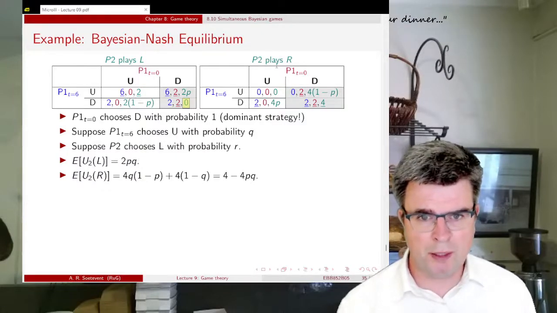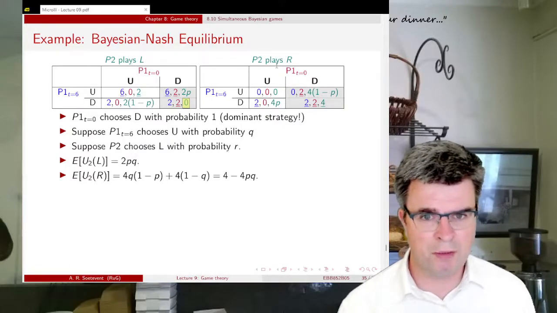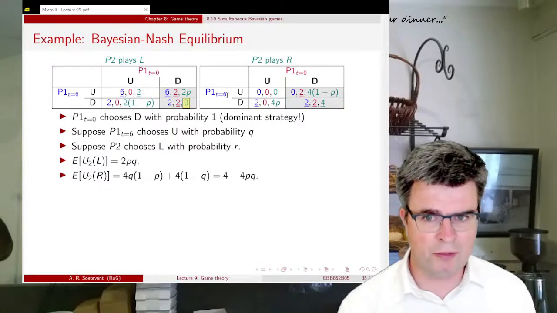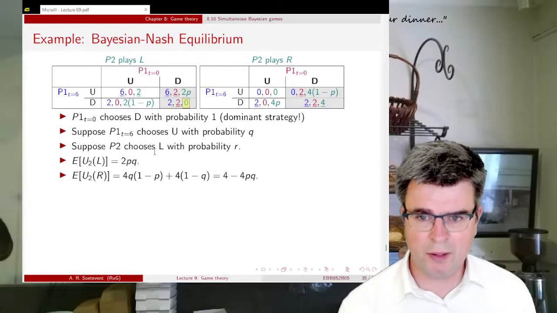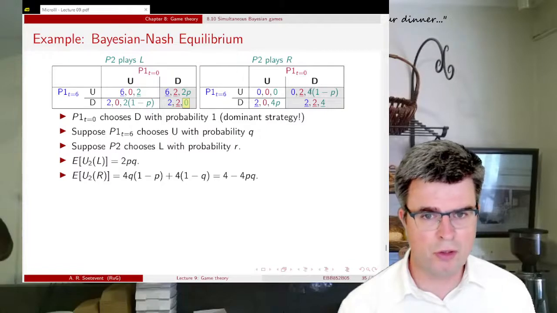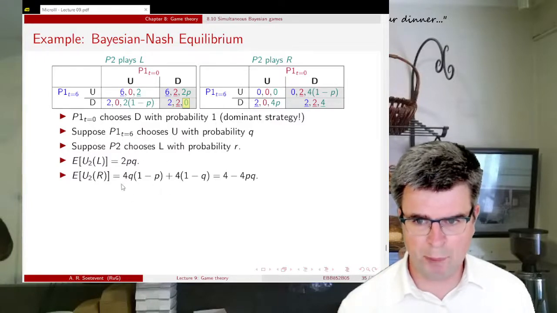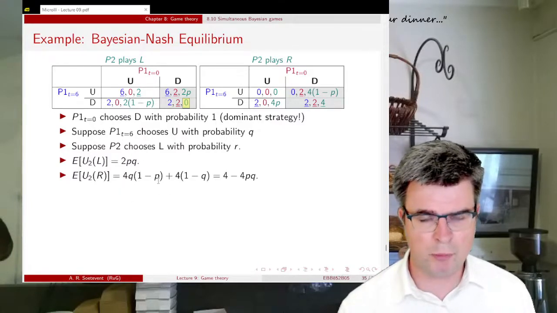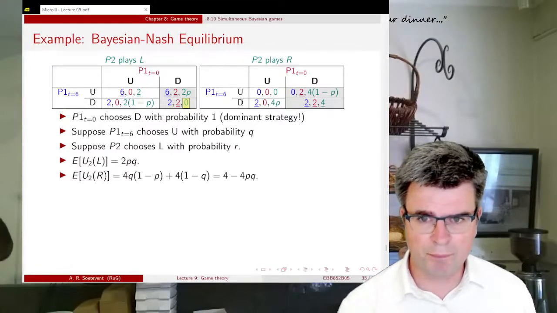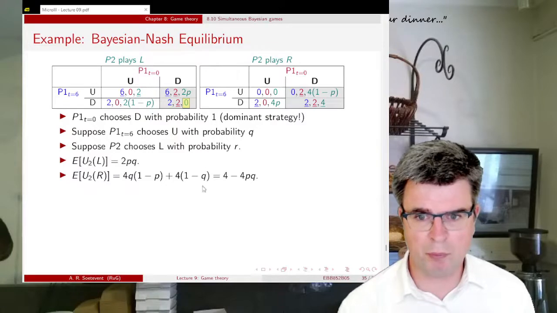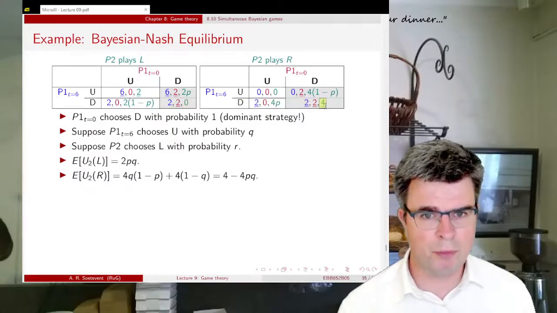Now suppose that player 2 plays right. What is his expected payoff in that case? Well, if player 1 is of type T is 6, then he will choose up with probability Q, in which case player 2 will receive a payoff of 4 times 1 minus P. So we have this term 4Q times 1 minus P. And if player 1 is of type T is 6 and plays down, which happens with probability 1 minus Q, then the payoff to player 2 will be equal to 4.